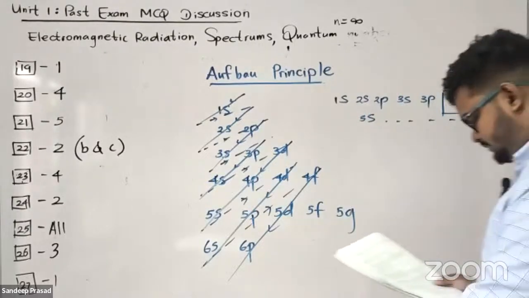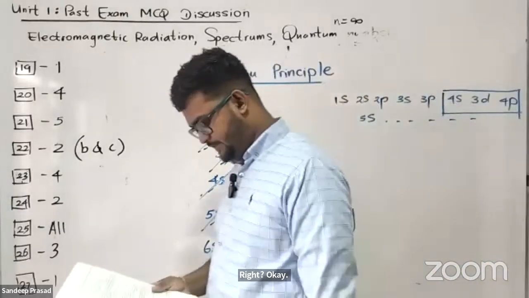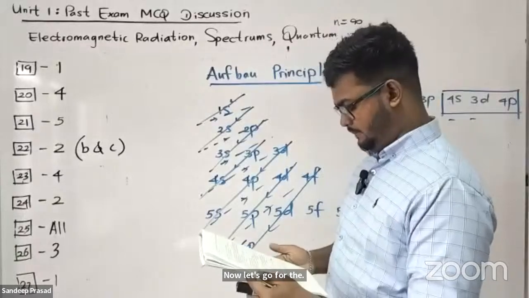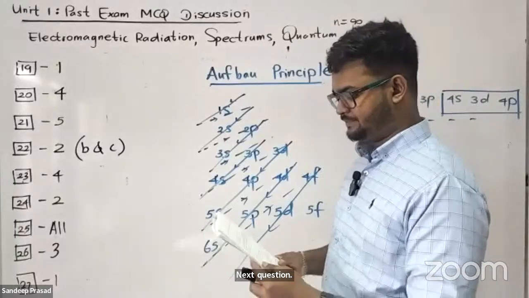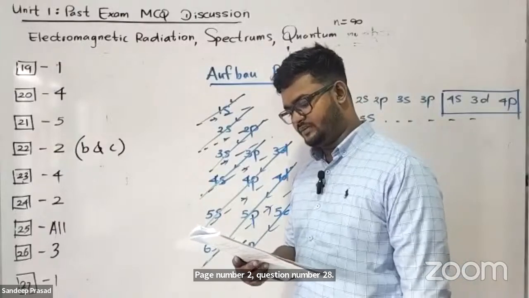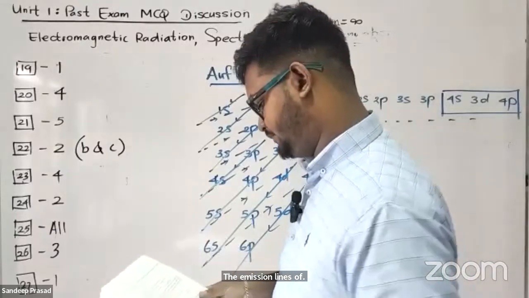Right, okay. Now let's go for the next question. Page number 12, question number 28. The emission lines of the Balmer series of the atomic spectrum of hydrogen are shown below.